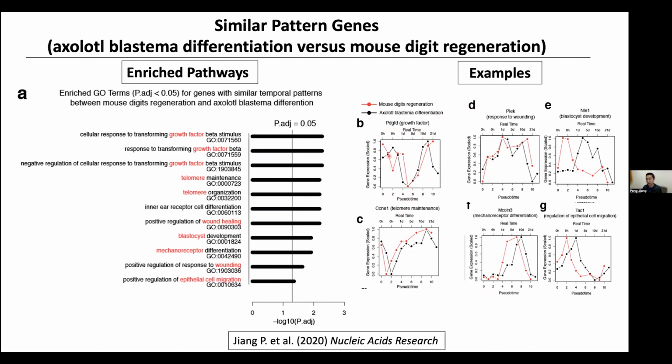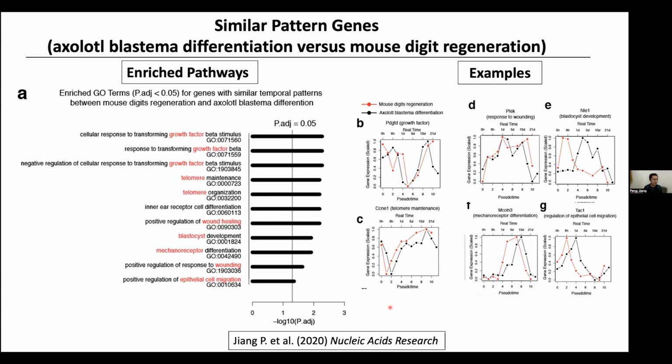The red line is mouse digit regeneration. We collected the wound bed and did sequencing, giving this pattern in real time, in days and hours. The black one is axolotl blastema differentiation, from a different data set. There are many genes showing very similar patterns between axolotl blastema differentiation and mouse limb regeneration.